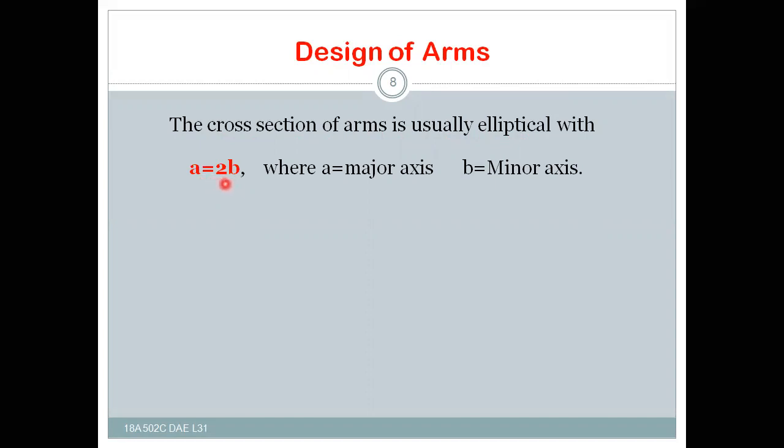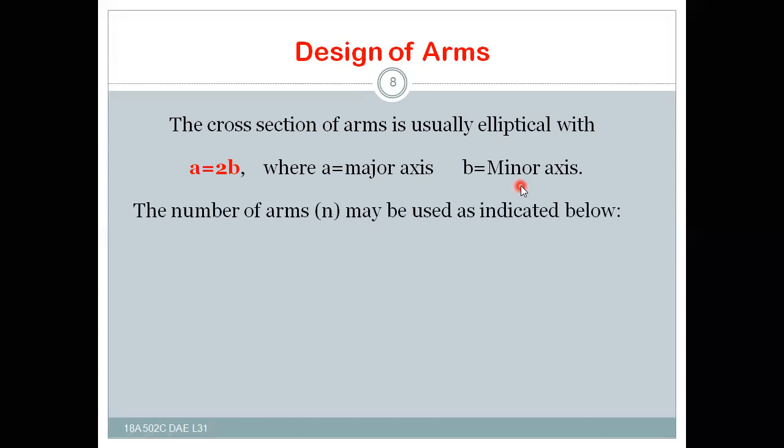A is equal to 2 times B, where A is the major axis of the elliptical cross section and B is the minor axis of the elliptical cross section. And the number of arms required may be indicated as below. That is, n is equal to 4. Number of arms is equal to 4 up to 400 mm diameter.